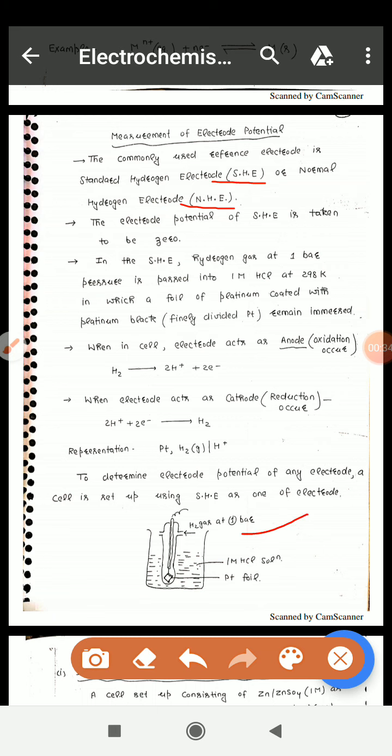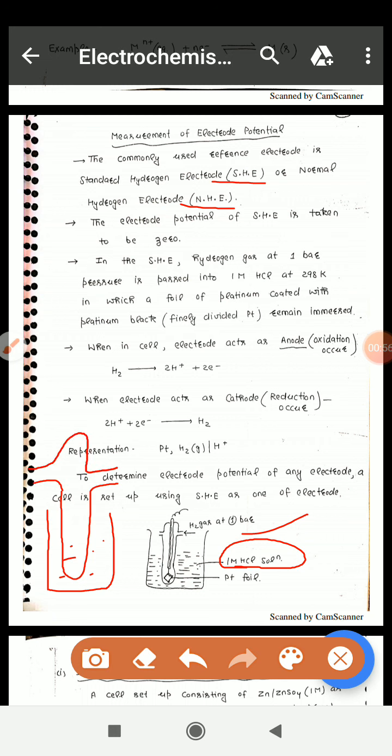See this diagram. In this diagram, we take one beaker. In this beaker, we take the 1 molar HCl solution. Listen, 1 molar HCl solution. In this beaker, we put a glass tube which is open-ended, and in this tube we fit a platinum wire which is connected with the platinum foil.